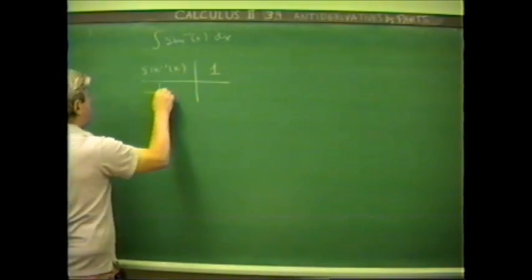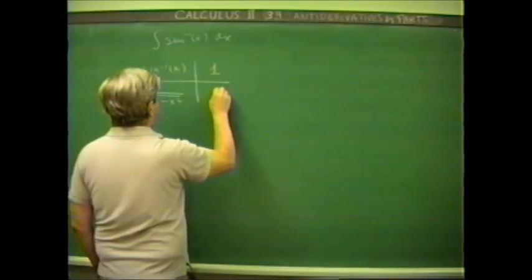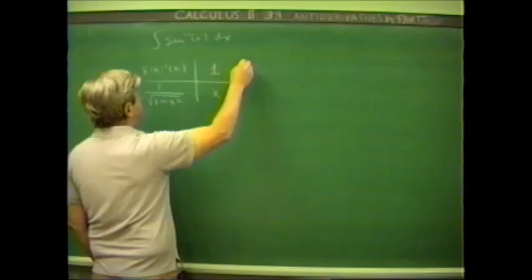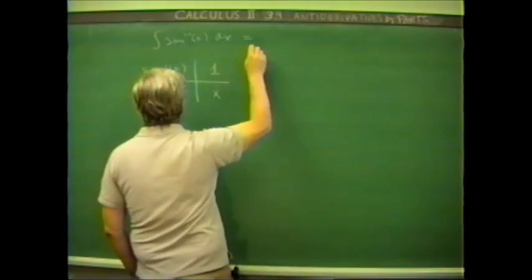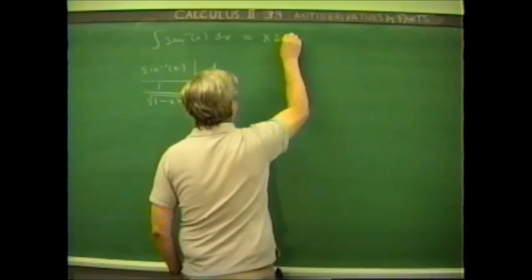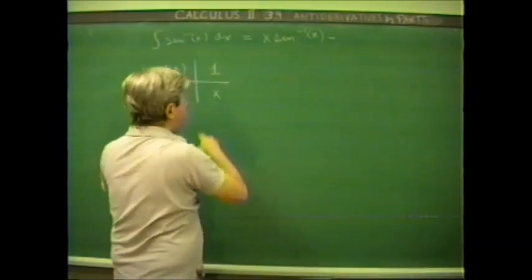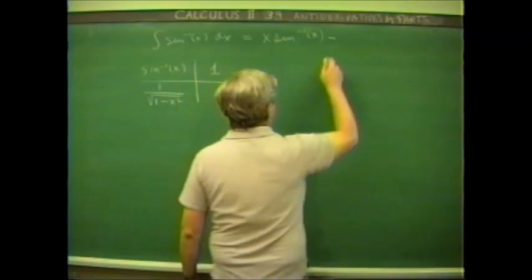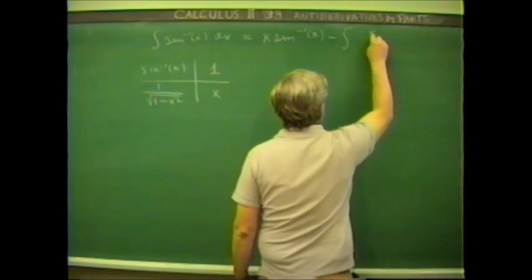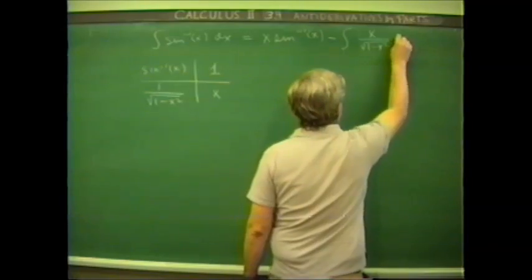The derivative of sine inverse is 1 over square root 1 minus x squared. The antiderivative of 1 is x. And so this integral is equal to the product on this diagonal, x sine inverse of x, minus the antiderivative of the bottom line here, which is the antiderivative of x over square root 1 minus x squared dx.